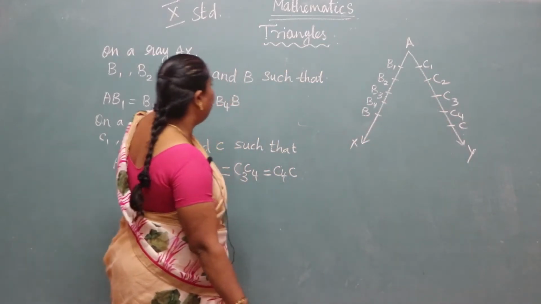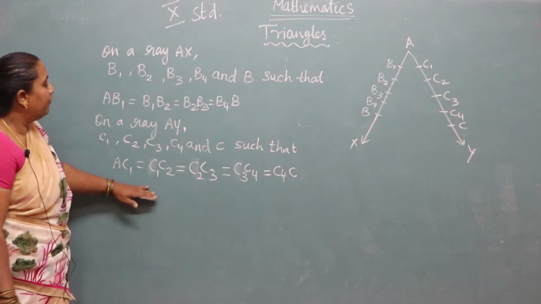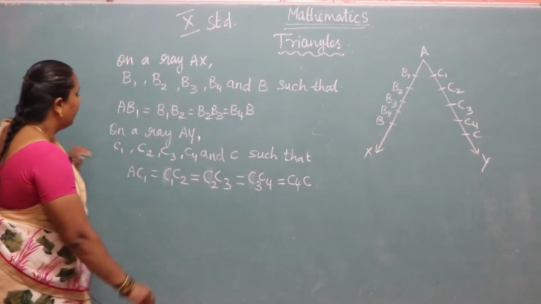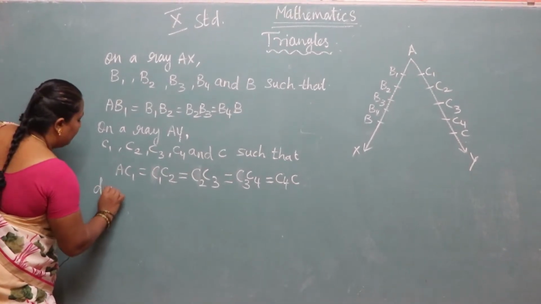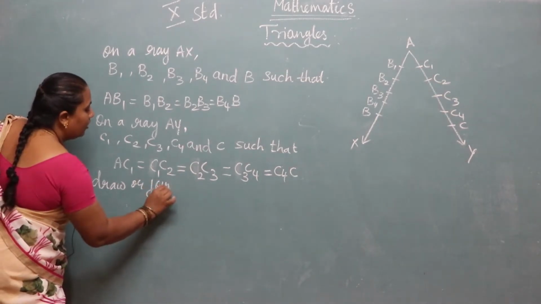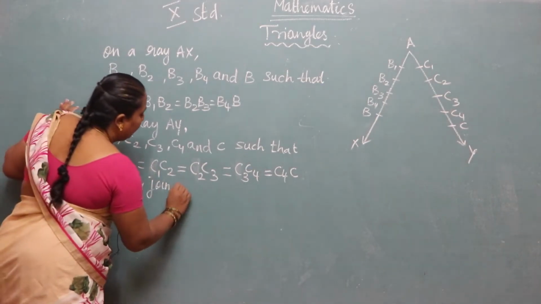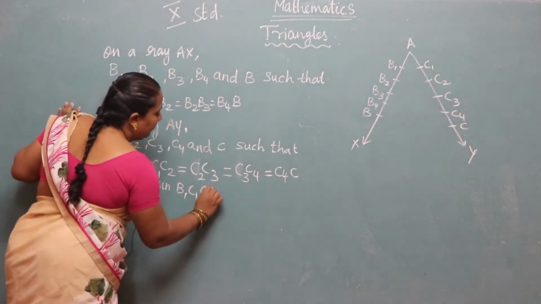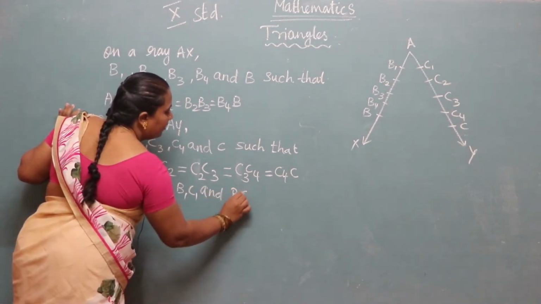Then we can construct lines. That is, draw or join B1C1 and BC.